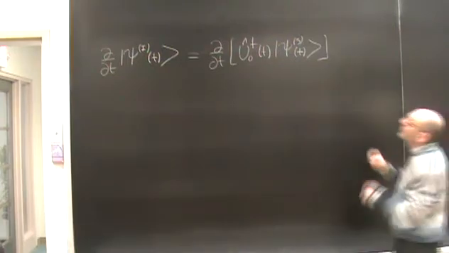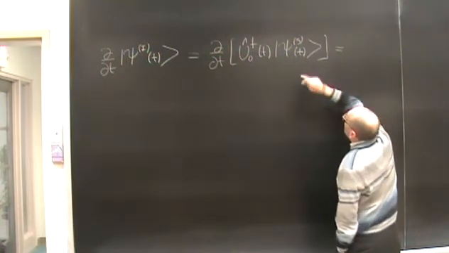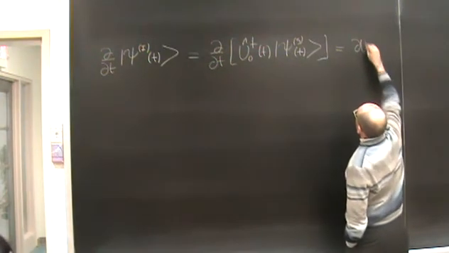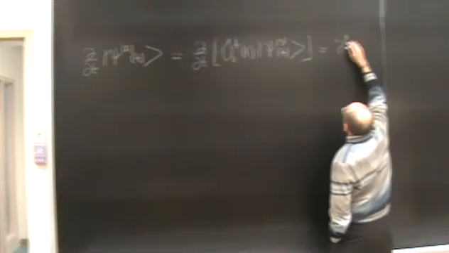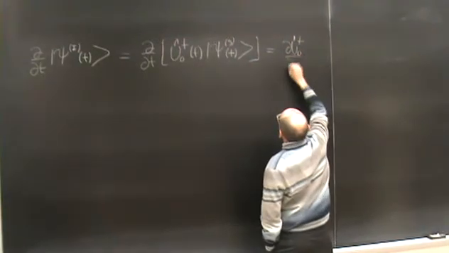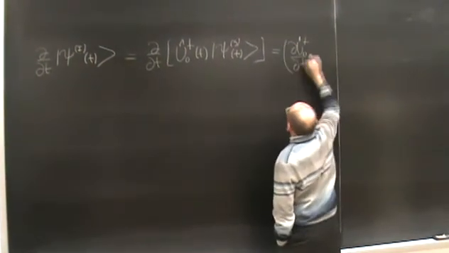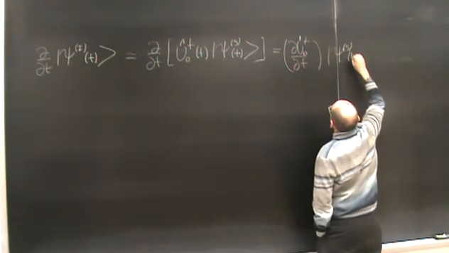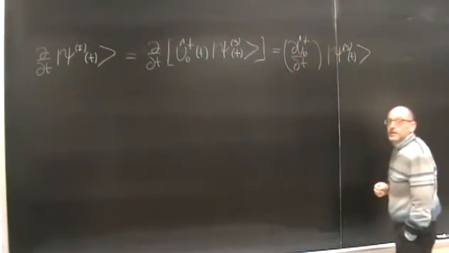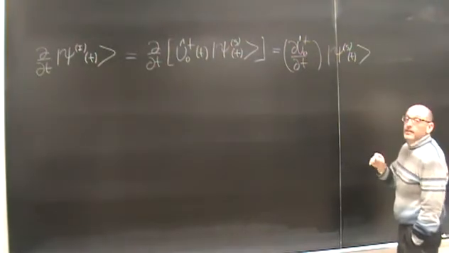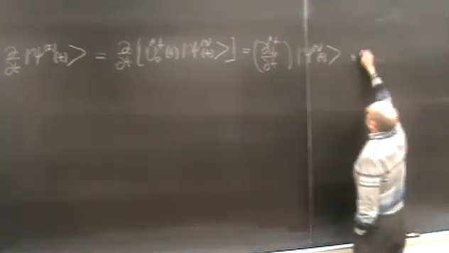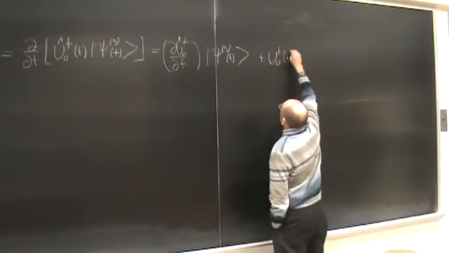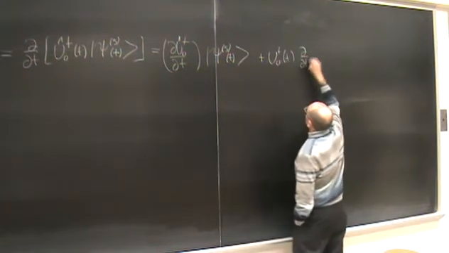Now we just use the product derivative rule. First, I take the derivative of this and act it on that. And then I take the derivative on the state itself in the Schrödinger picture.